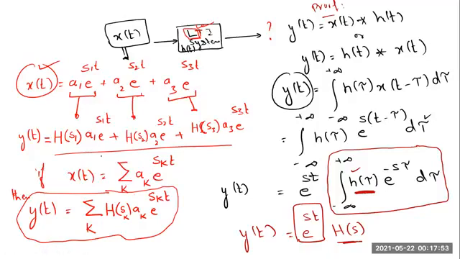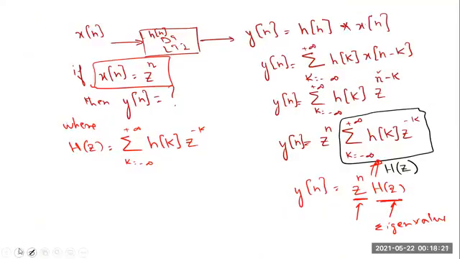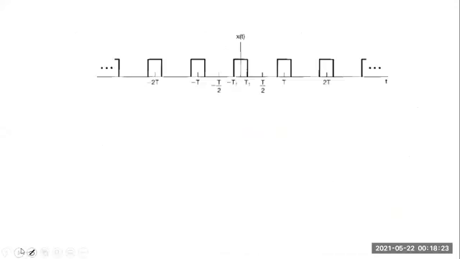Now, coming back to the Fourier series. In the case of the Fourier series, this complex exponential signal, which I represented as e to power st, where I mentioned that s is complex, for Fourier analysis we will only consider a special value of s, and that is when s is purely imaginary.